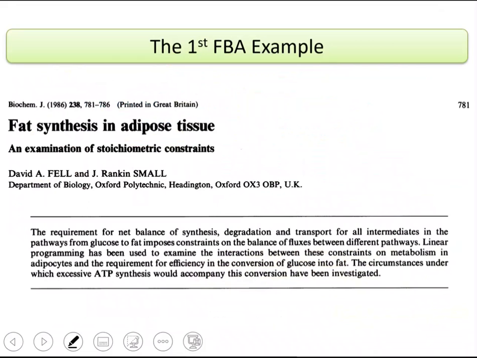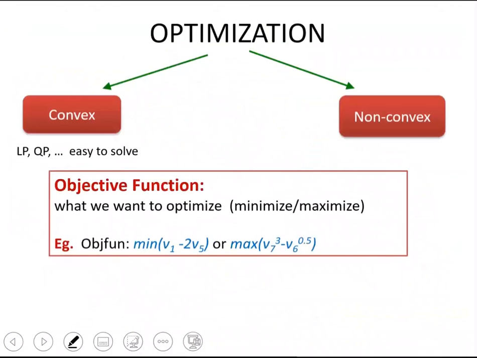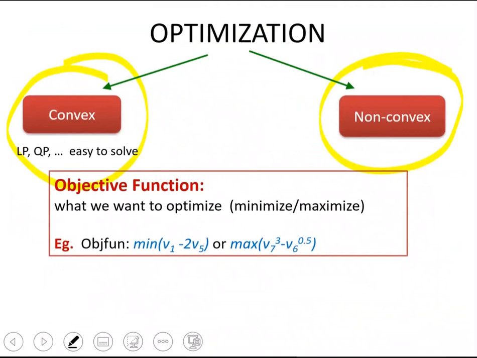We talked about the first FBA example in literature, 1986. And we talked about the major optimization types. The optimization we will use for the solution of underdetermined systems is of convex type, and mostly we will use linear programming or quadratic programming.